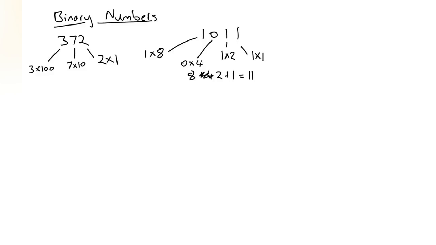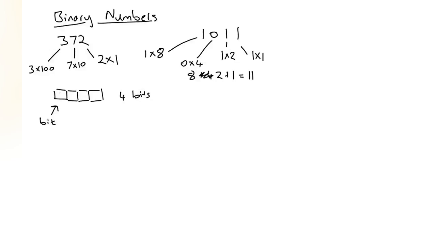Now the reason this is important is because the computer's memory is organized in a series of cells. You can think of it as a series of cells like this, and each cell is called a bit. So we've got 4 bits here.